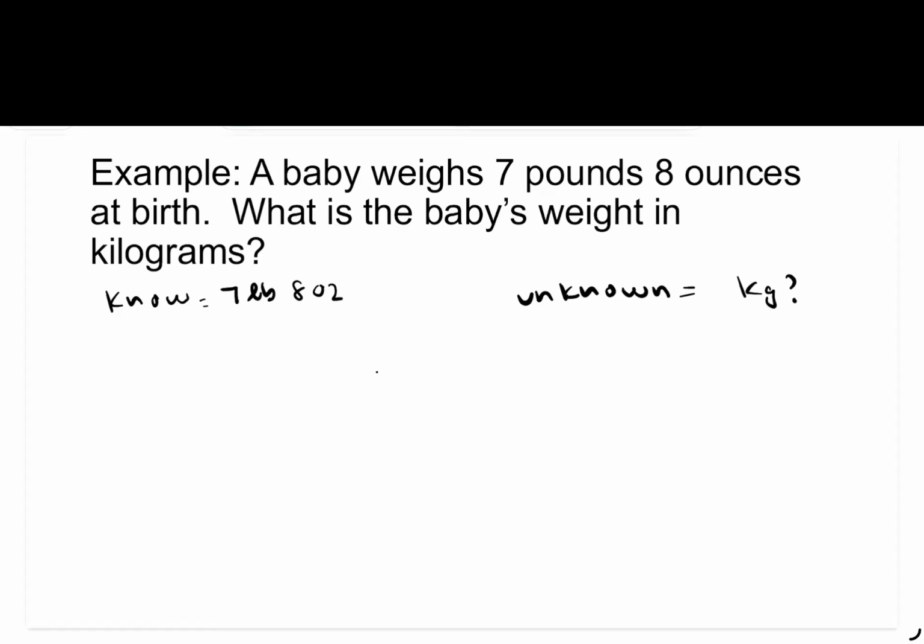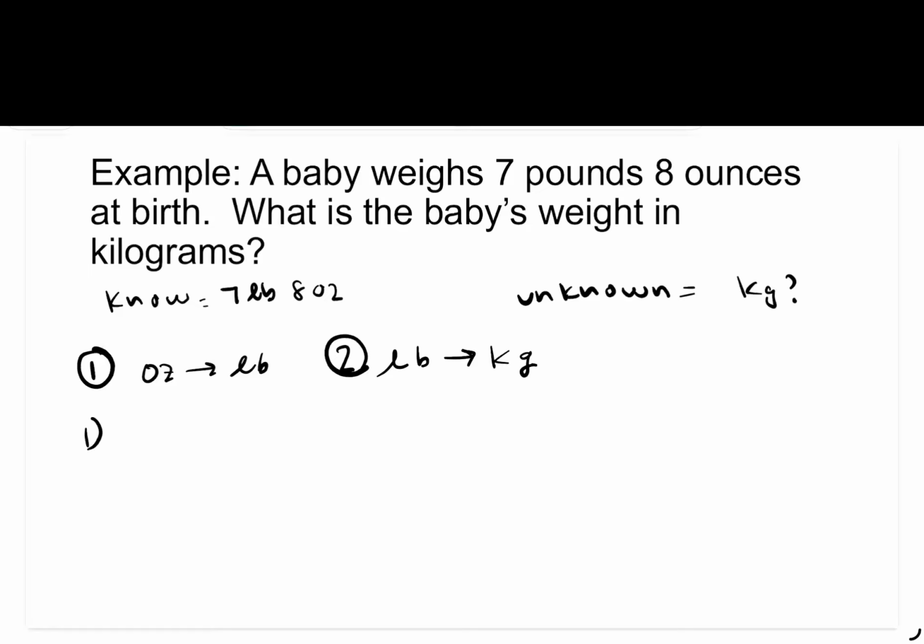So I do have a pound to kilogram conversion. I also have an ounce to pound conversion, but I don't have something when they're like pounds and ounces combined. So my very first step is actually that I need to convert that 8 ounces to pounds and find the overall mass in pounds. And then the next step is to convert from pounds to kilograms.